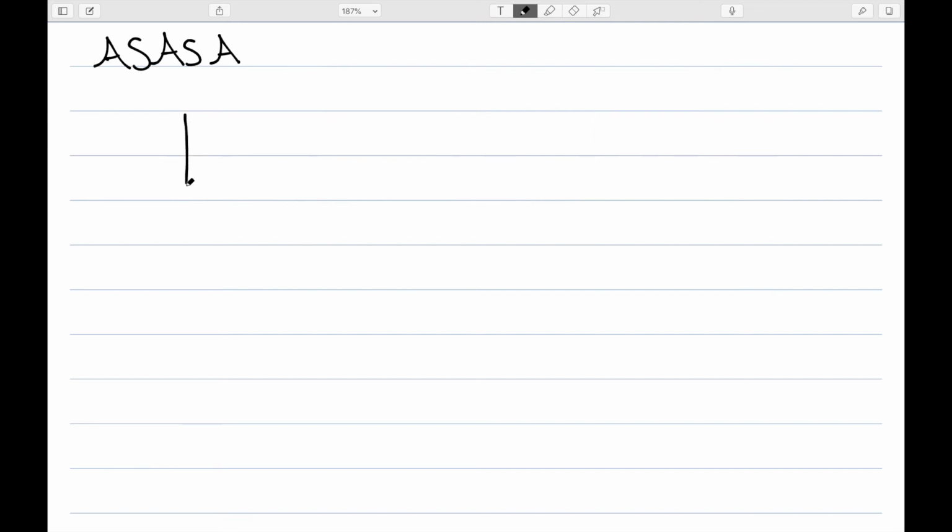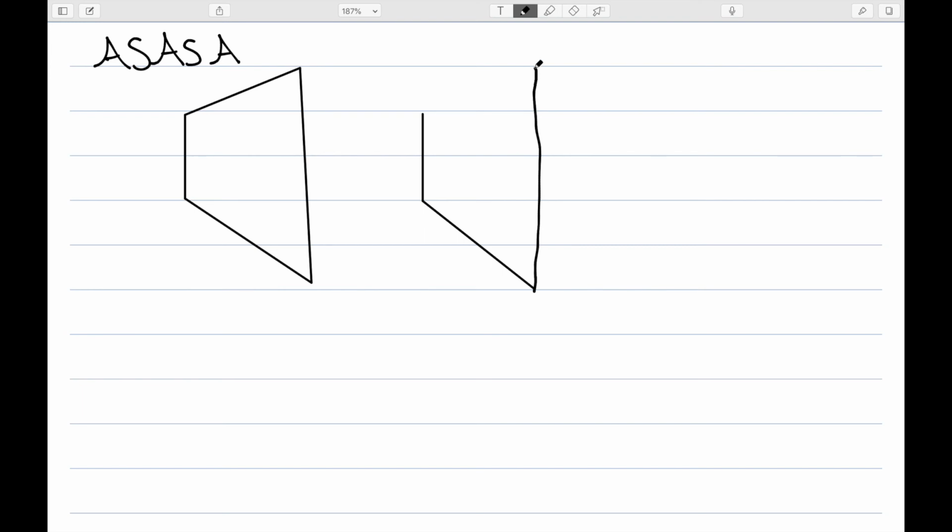I also have the idea of ASASA. So let me once again draw another picture. And we'll draw the second version as well. This time I need 3 of my angles to be congruent.